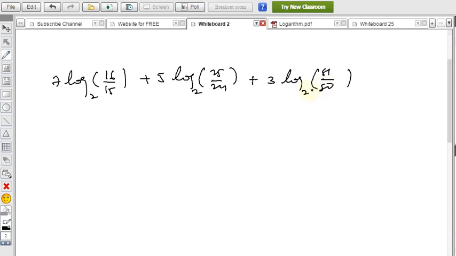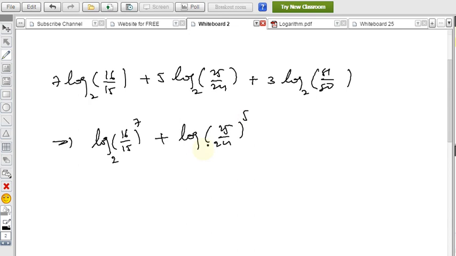Now to simplify this, we'll use the log a plus log b plus log c formula, that is log a into b into c. Before that, powers you can write: log of 16 by 15 all to the power 7 to the base 2, log of 25 by 24 to the power 5 to the base 2, log of 81 by 80 to the power 3 to the base 2.